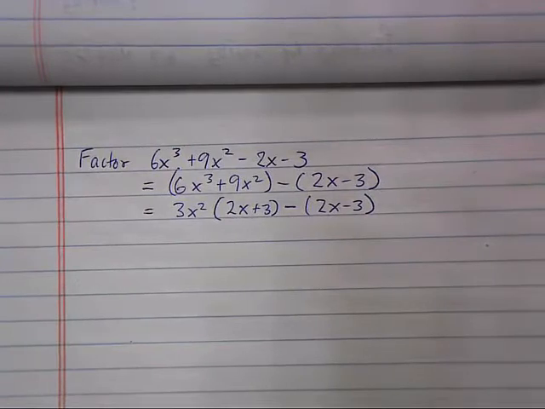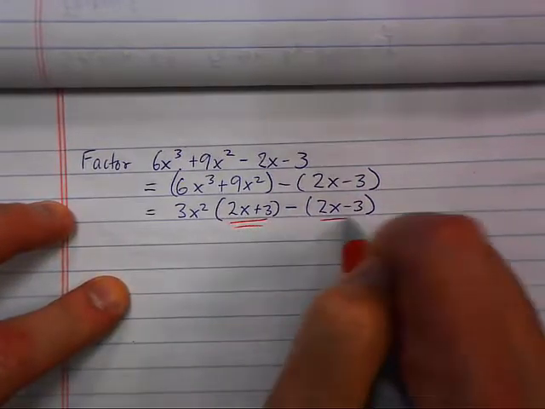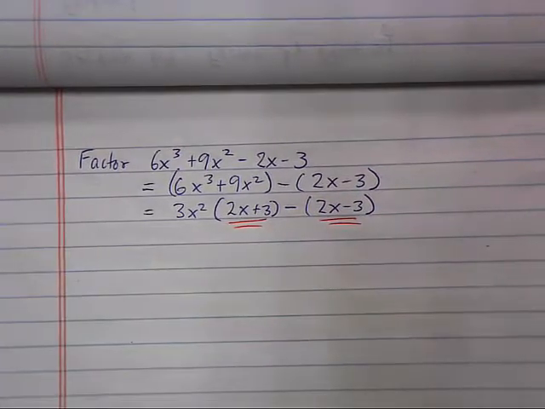At this point, right now, I should stop and I should tell myself I made a mistake. What tells me that I made a mistake? They are not exactly the same, are they? They're very close, but are they exactly the same? No. One has a plus 3, one has a minus 3.